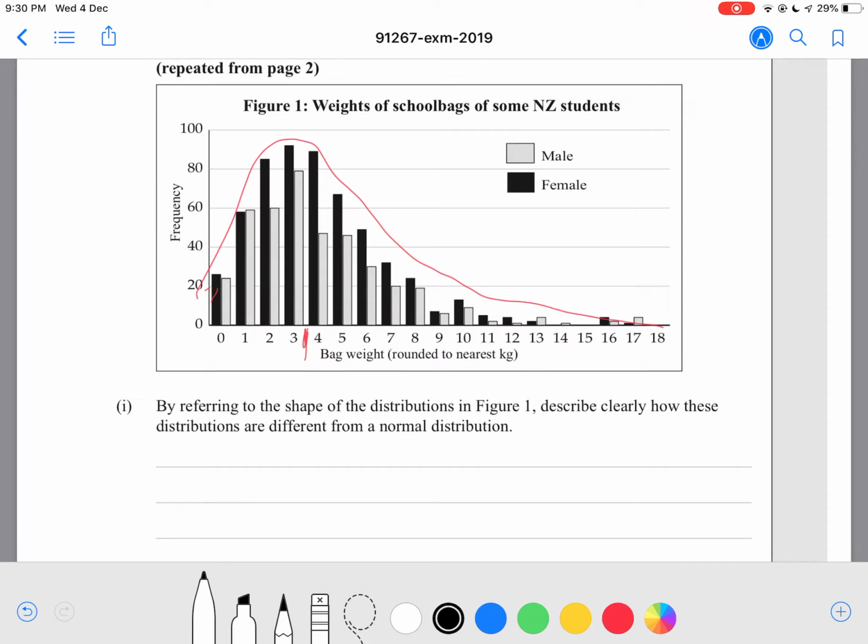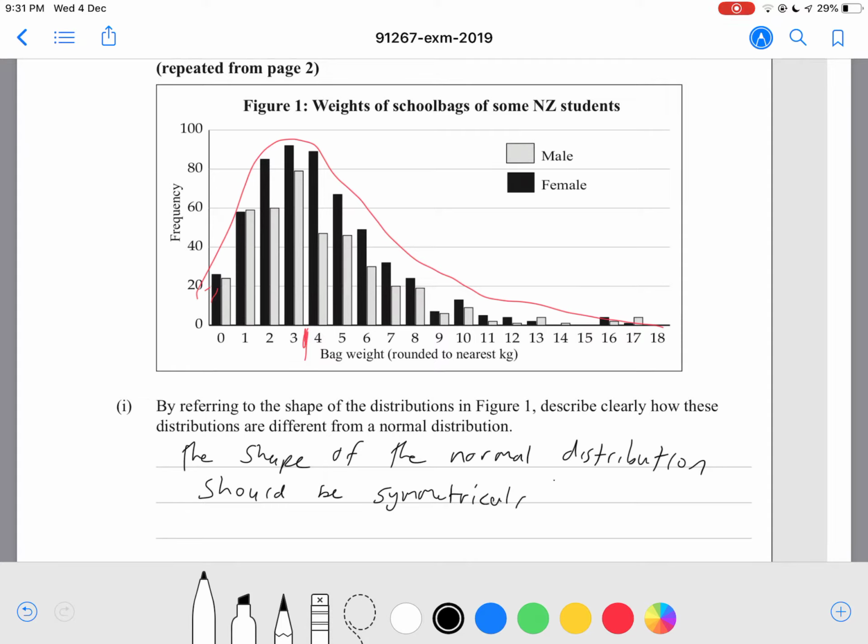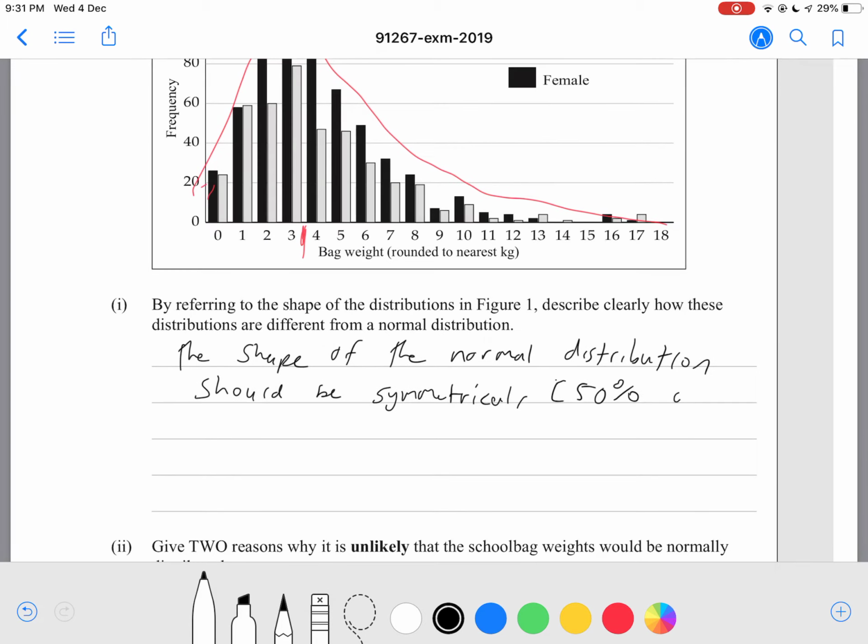So we can say the shape of the normal distribution should be symmetrical, 50% of data on both sides of the mean.